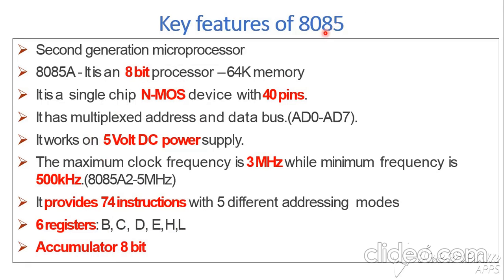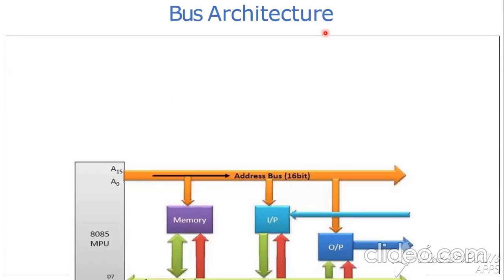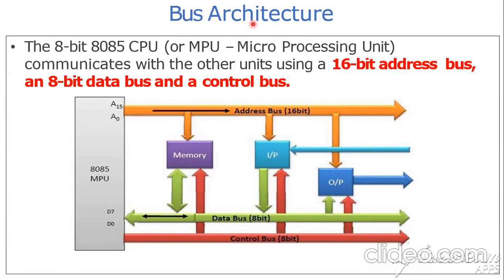These are the key features of the 8085 microprocessor. Then coming to the bus architecture of 8085 microprocessors. The 8-bit 8085 communicates with the other units using a 16-bit address bus, 8-bit data bus and a control bus. We already said that in a microprocessor, each unit will be different. Memory unit, input unit, output unit, everything will be different units. The data from input to memory, from memory to output, everything is transferred by means of 3 buses, that is address bus, data bus and control bus.